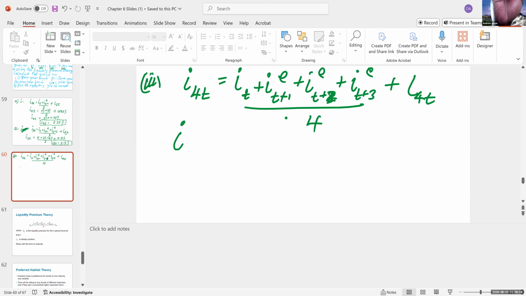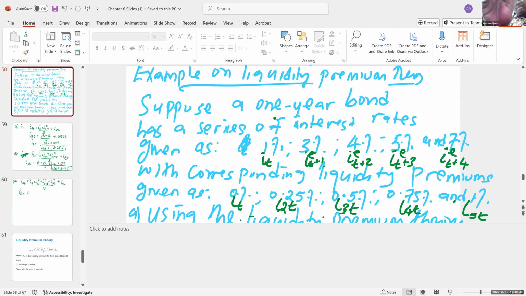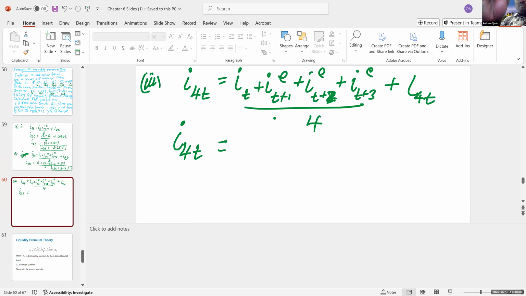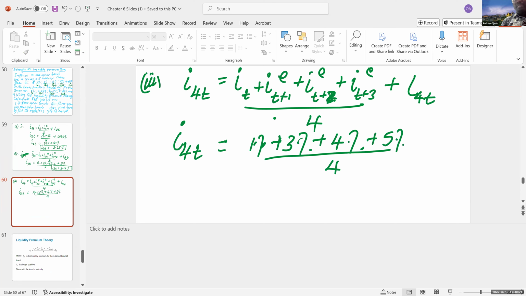So your I4T, you're going to average the first 4 interest rates here, which is given as 1% plus 3% plus 4% plus 5%. And let's divide that by 4. Then add the liquidity premium from holding a 4-year bond, which is given as 0.75%.